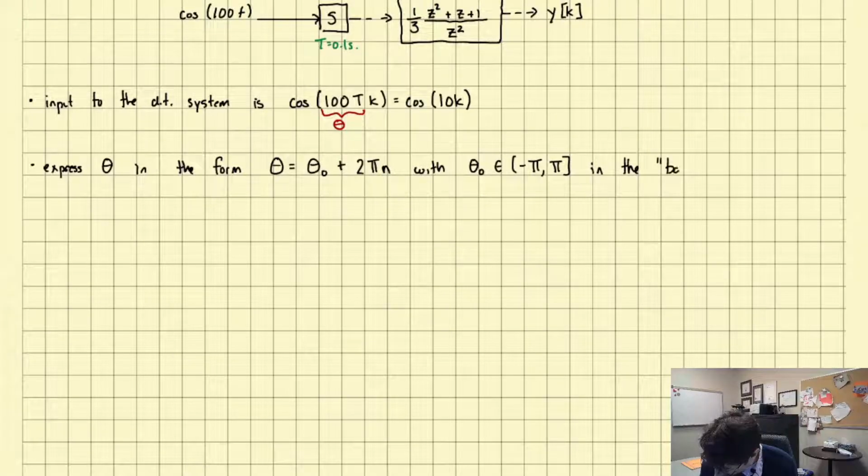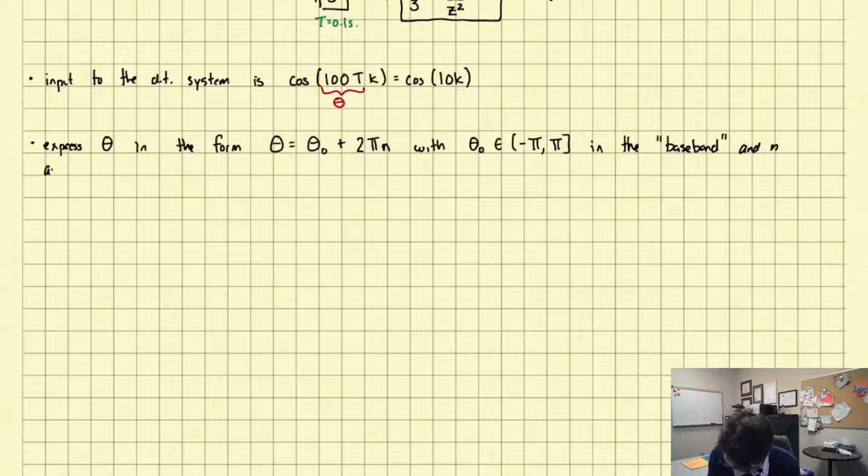Sometimes this is called the baseband. And n is an integer. You can always do this. And so in this case, we get that theta can be written as negative 2.56 plus 4 pi.